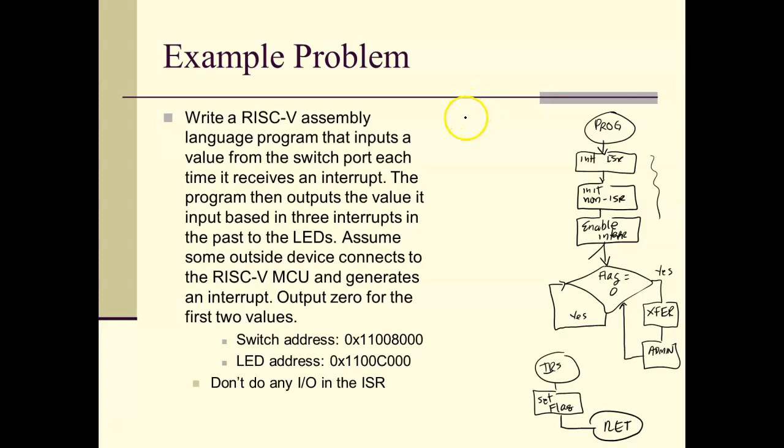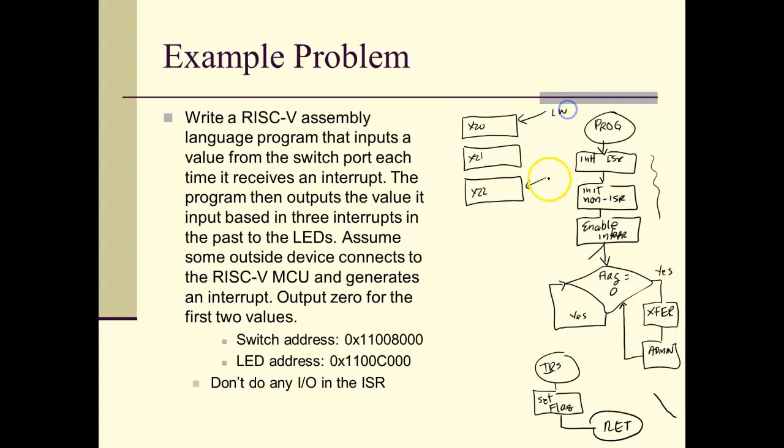But the key here is when I get an interrupt, what am I going to do? I agreed that we have 3 registers sitting there, and I'm arbitrarily calling these x20, x21, x22. And so what's going to happen is I get an interrupt. I'm going to load a value into this register, and then I am going to output the value from this register.